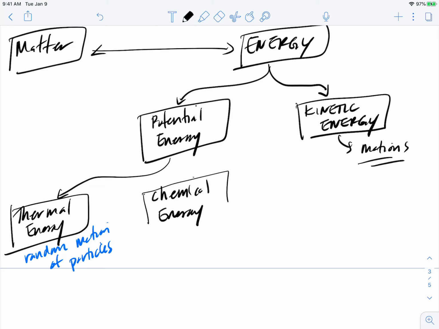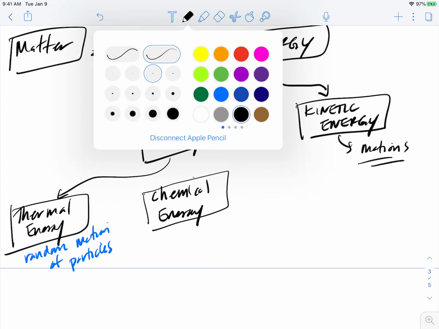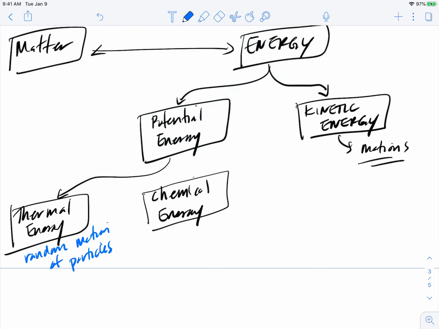And so chemical energy is specifically looking at chemical structure, so how molecules are bonded together, the overall stability of those molecules, and how we can change bonding to change this stability and therefore this chemical energy. So we can go from high energy to low energy bonds. So we'll look at a lot of that in our thermochemistry chapter.